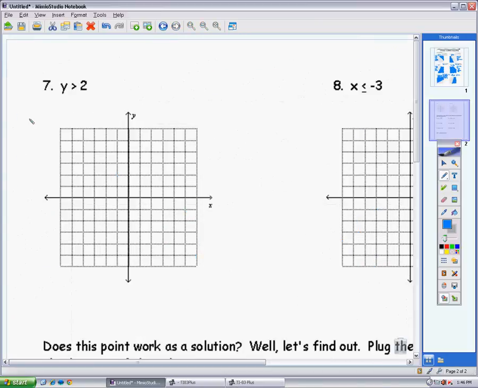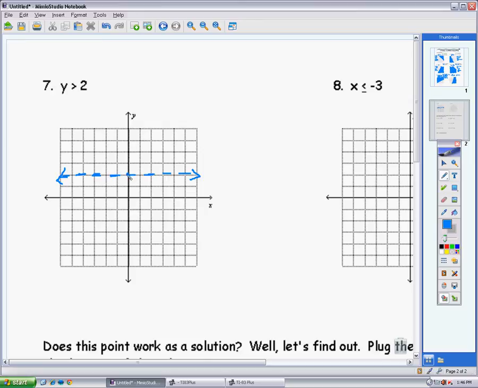Okay, number 7. This is our horizontal line that goes through 2, and it's less than, so it's going to be a dotted line. So we're fairly consistent with graphing the horizontal and vertical lines. So I'm going to draw a dotted line through 2. And then shading wise, it says y is greater than 2.